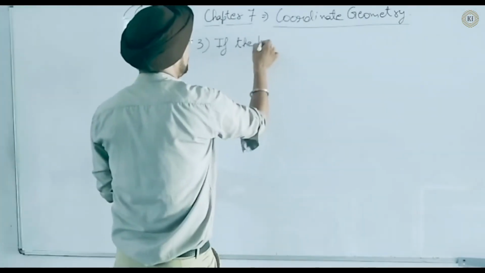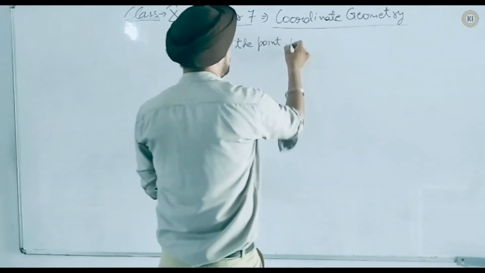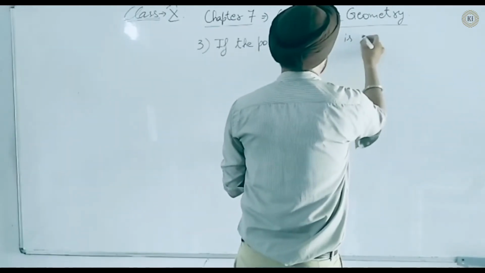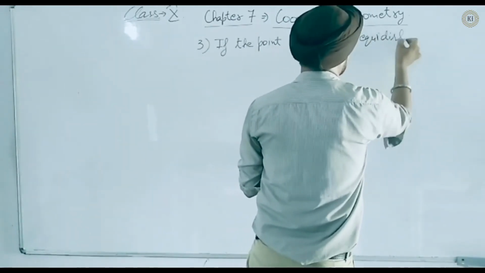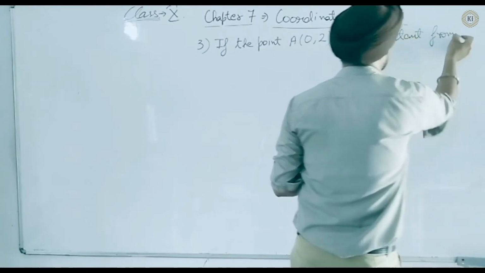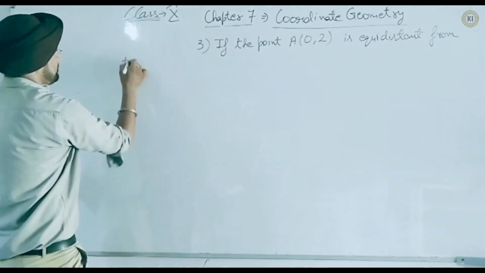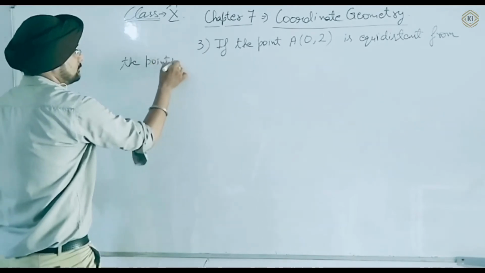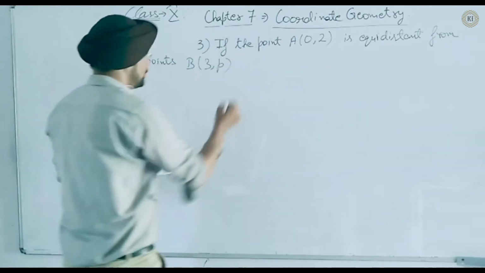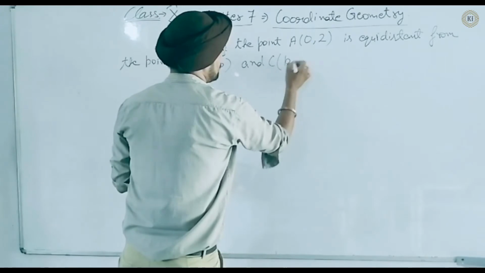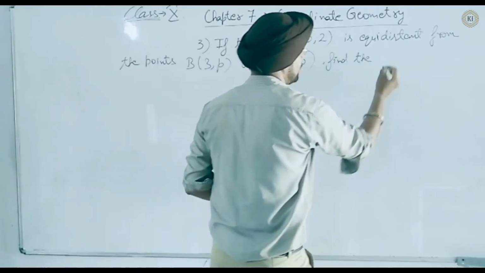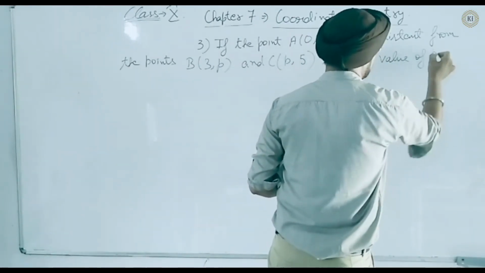If the point A (0, 2) is equidistant from the points B (3, p) and C (p, 5), find the value of p.